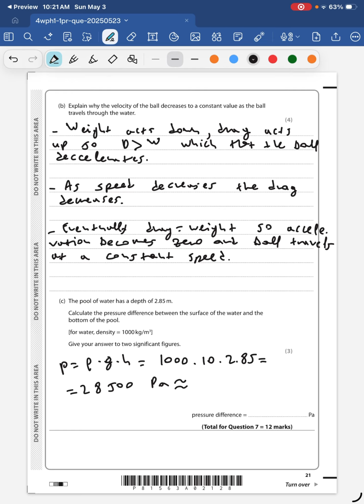And to give this in two significant figures, we will just write 29,000 pascals. Okay, two significant figures, these two. Okay, this was question 7. We're ready to move on to question number 8.